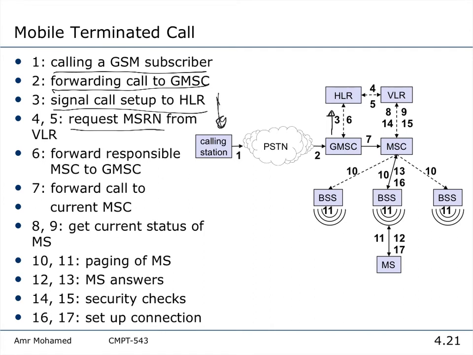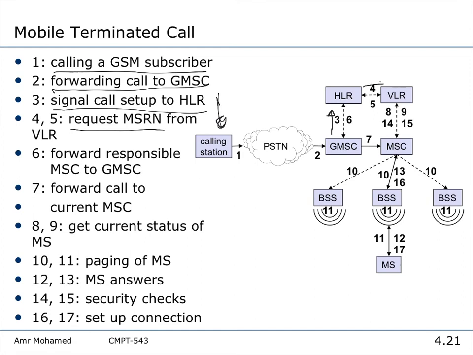So we fetch the mobile station roaming number from the VLR, which means from the HLR, I know the location area of this mobile station. Then I go to the VLR of this location area to get the information about this subscriber in this location area, right?